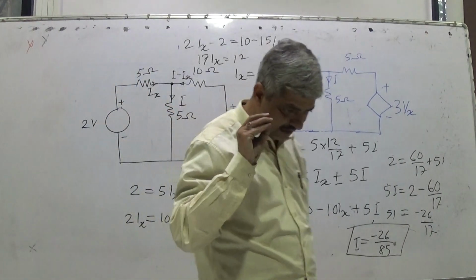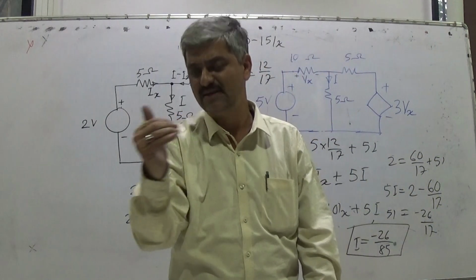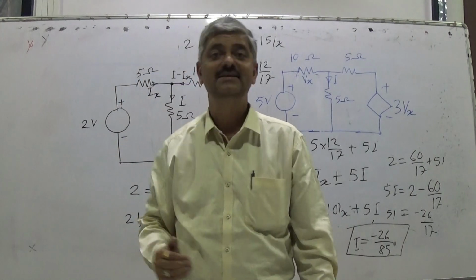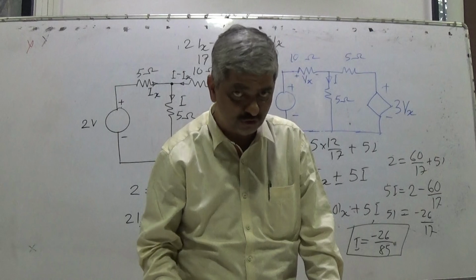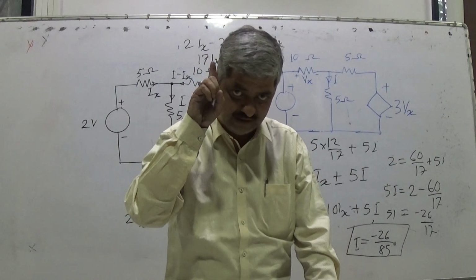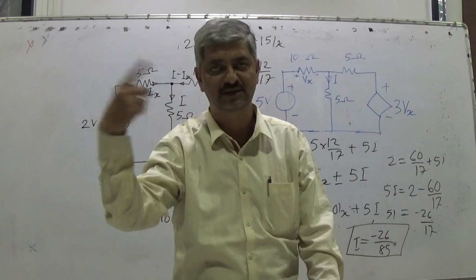So another thing which was kept pending, because it does not come sequentially in the flow, is the dependent source: dependent voltage source and dependent current source. The voltage of a dependent voltage source depends upon some other voltage or some other current.